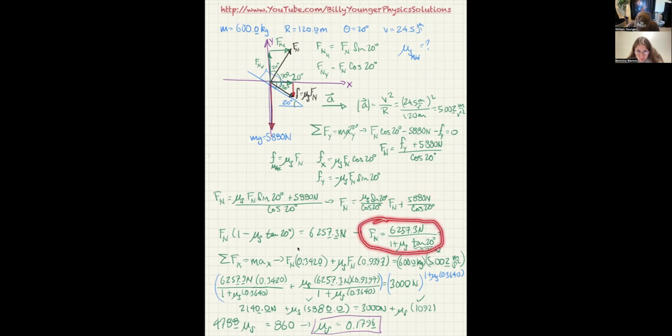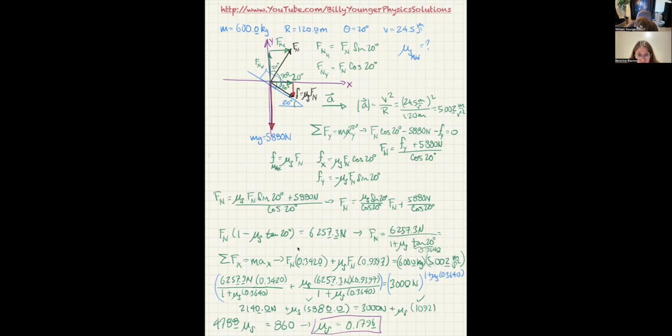So this is our friction force, and I can solve for the normal force. Is it supposed to be one minus? Yes. I did have one minus, and I made it one plus, didn't I? Is that right though? Let me see where it was.